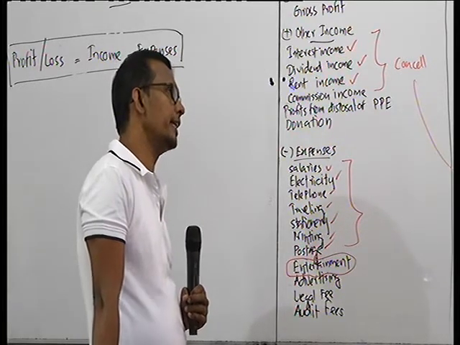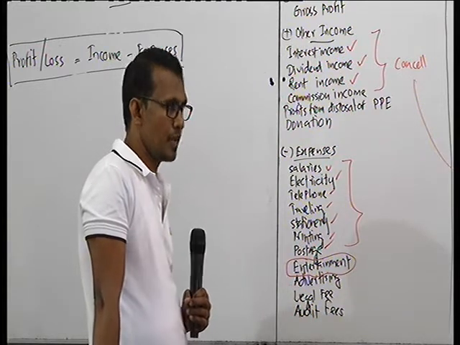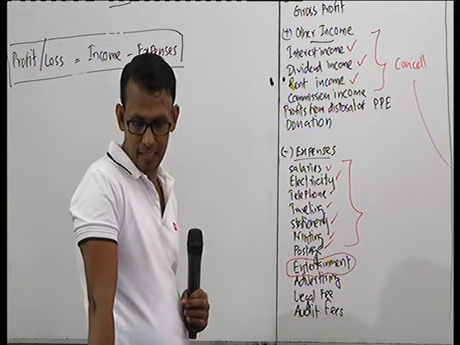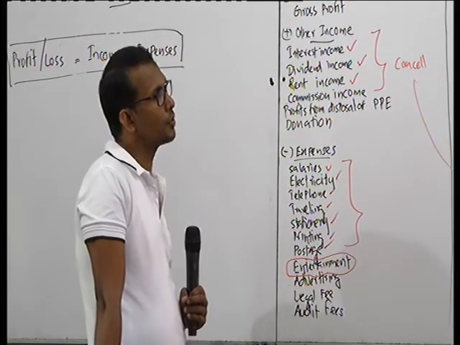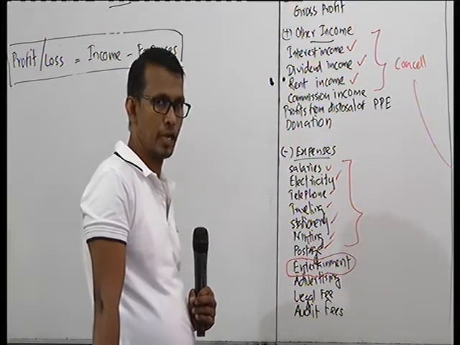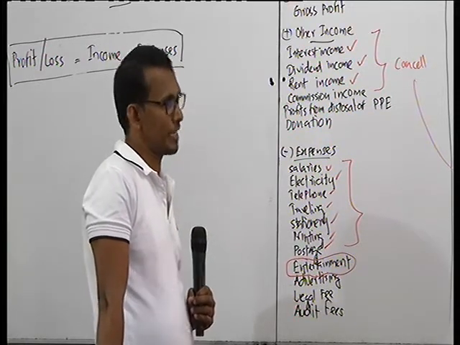Section 10 is the general deduction rule, section 11 is the main deduction rule, and sections 12 to 19 are specific rules with regard to the deductibility of expenses.